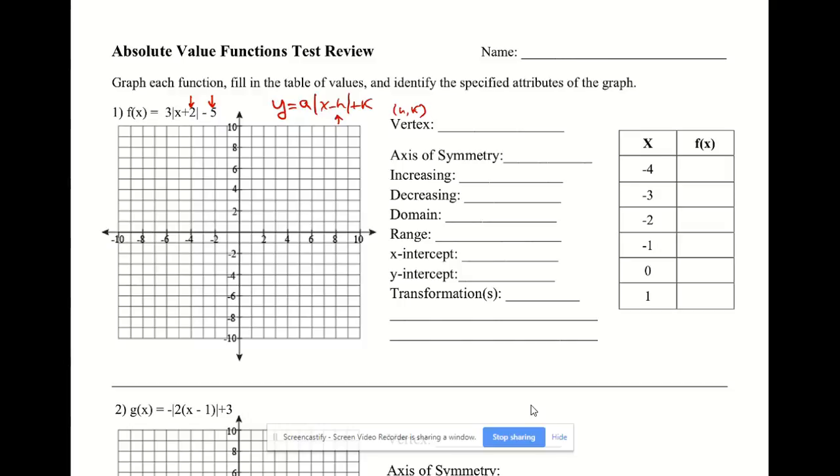Because of the minus h, we're going to flip the sign, negative 2, and we're going to keep the sign for the k because it's just a plus k, so minus 5. And there's our vertex. In terms of transformations, we've shifted left 2, and we've shifted down 5, and there's our vertex.